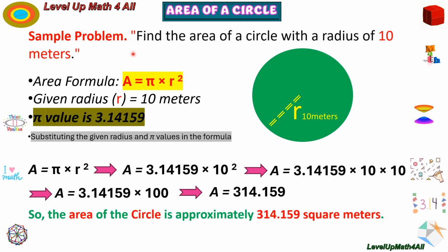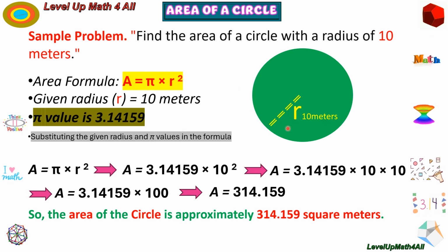We have to find the area of a circle where the radius is 10 meters. In the graphical representation, the radius touches one edge of the circle and goes to the midpoint, and it is 10 meters.